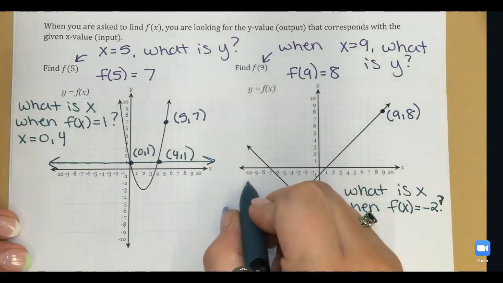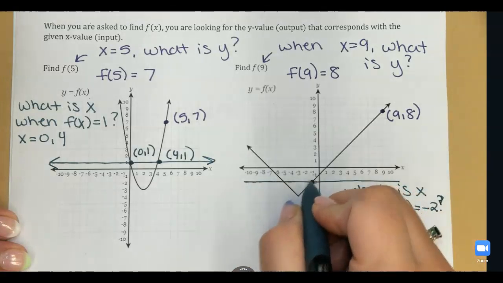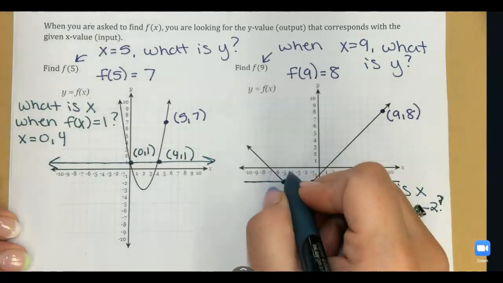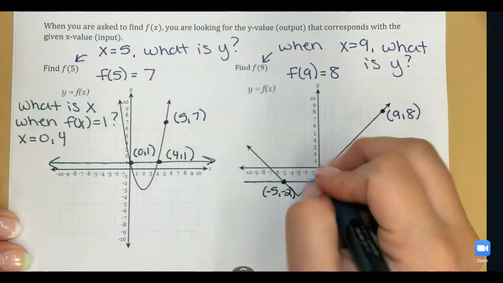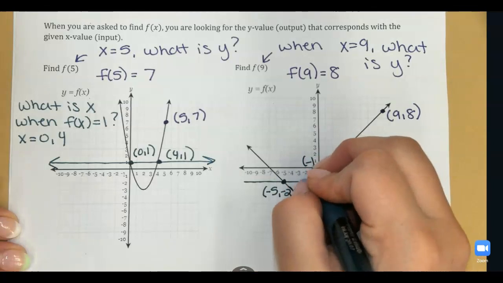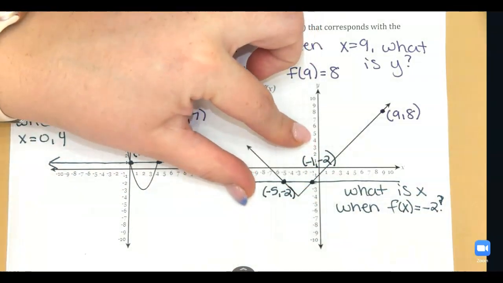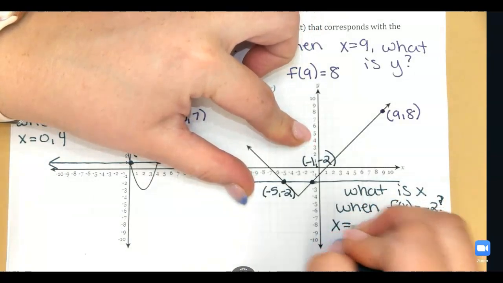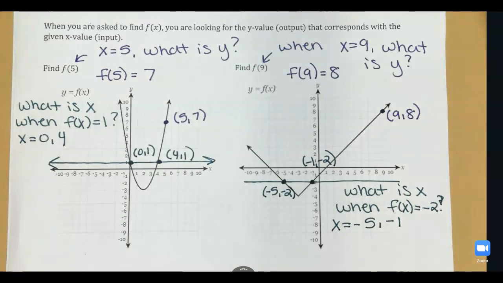So on my graph, I'm going to go to where y is -2. And again, this is happening at 2 points. I've got the point here, -5, -2, and I have the point -1, -2. So my two x values at those coordinates are -5 and -1.